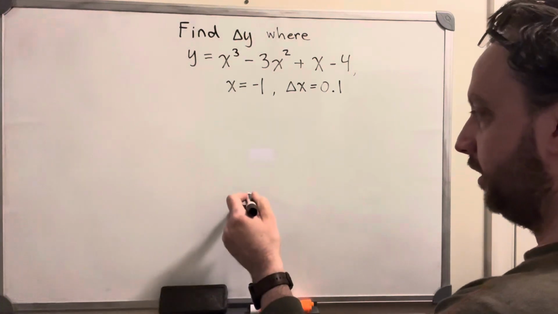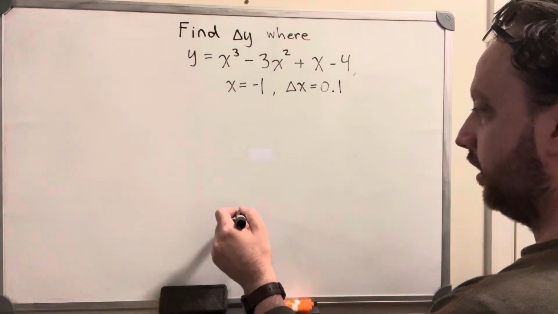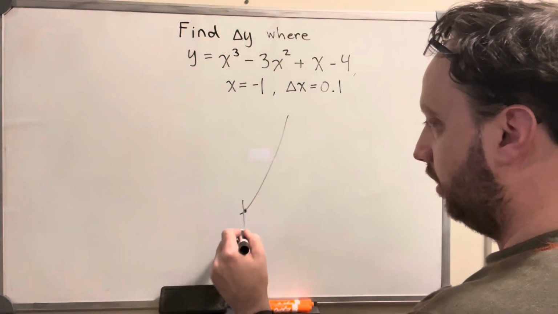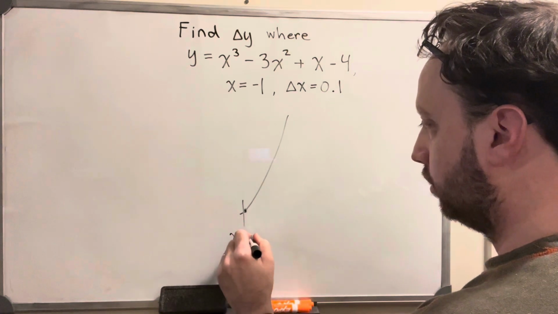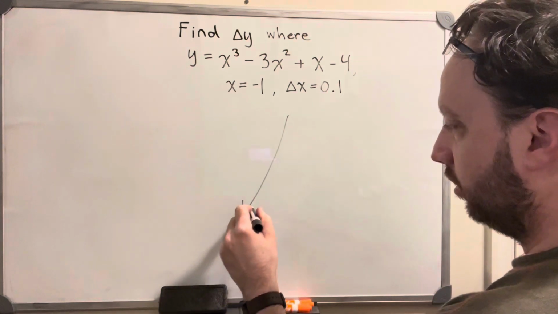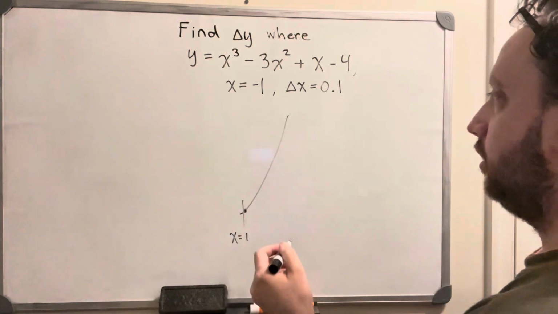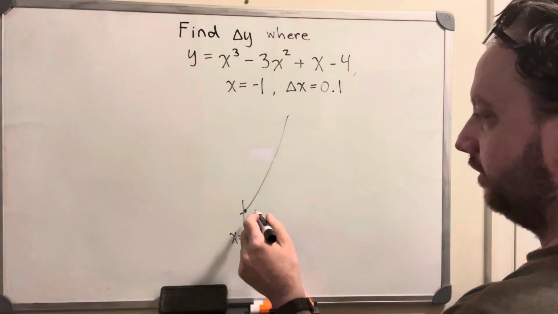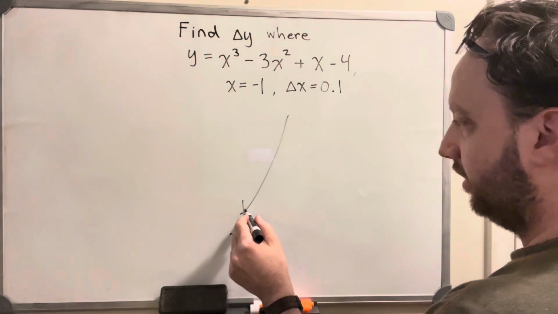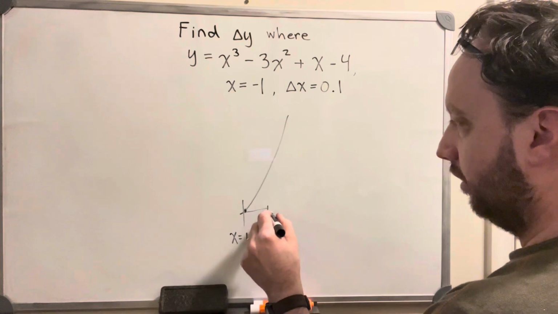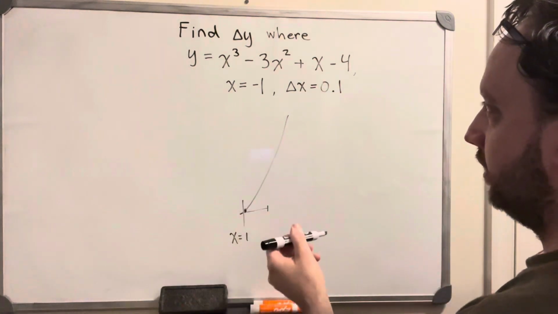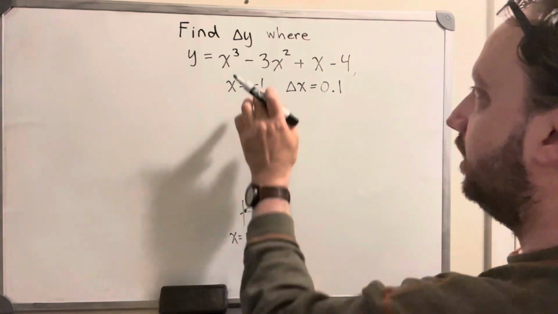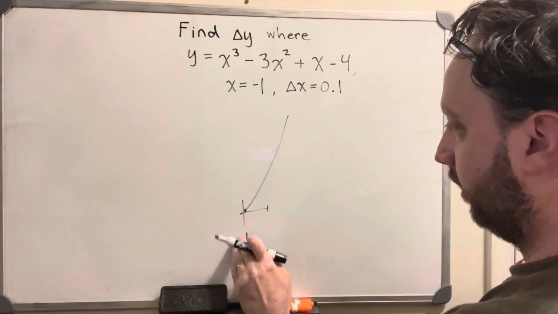The actual function probably looks like some kind of cubic equation, but let's say that in the neighborhood of x equals -1, the function's curving up, we can just suppose. And let's say that we care about moving in the positive x direction.